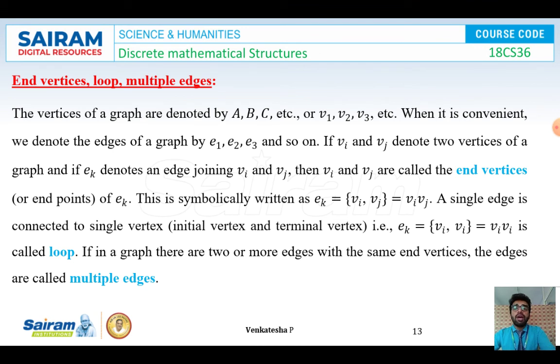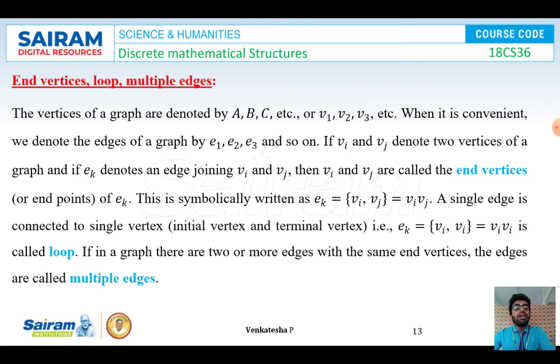Now let's see how to find end vertices, loops and multiple edges. I'll take a graph and denote its vertices with A, B, C, or we can denote them as V1, V2, V3, etc. The edges of this graph can be denoted with E1, E2, E3 and so on.